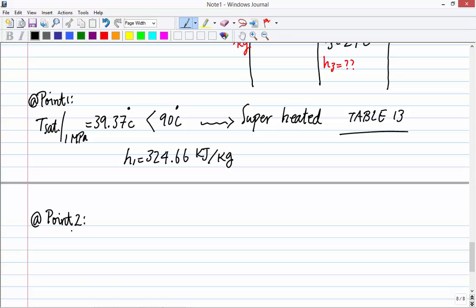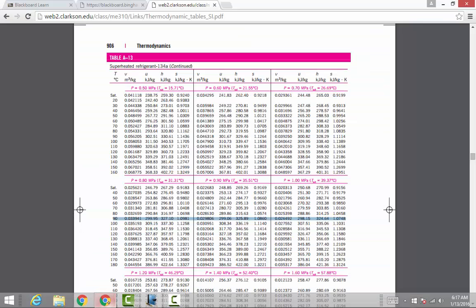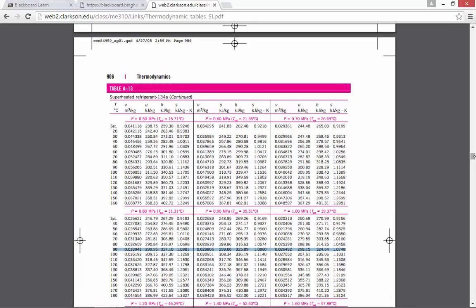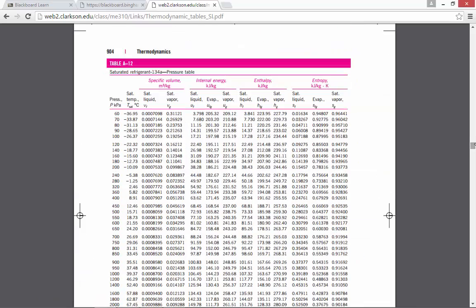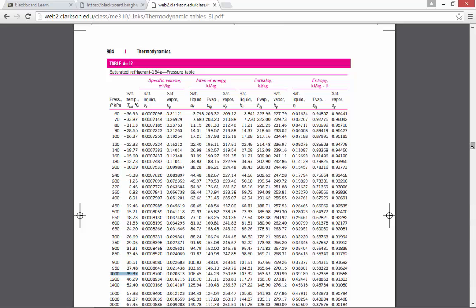Once again, let's go to the table. We need to start with the saturation table. Here, again, same pressure, 1000. The temperature is 39, right? This is the saturated temperature, but T2 is 30, so it's cooled. It's subcooled, it's compressed.